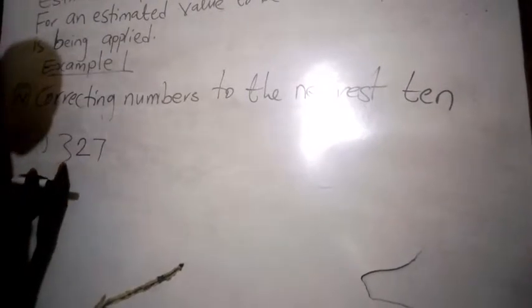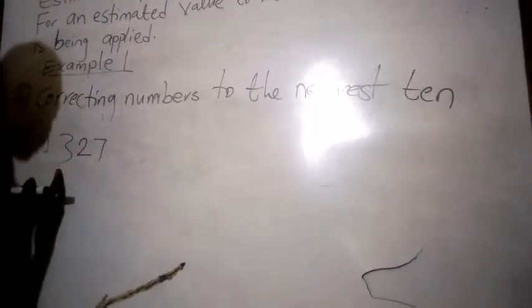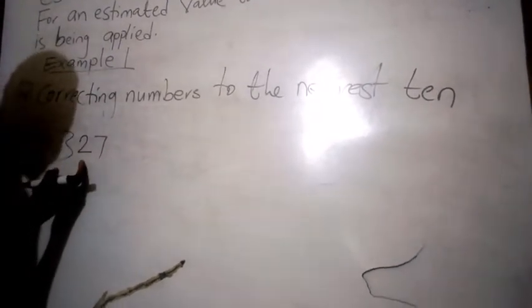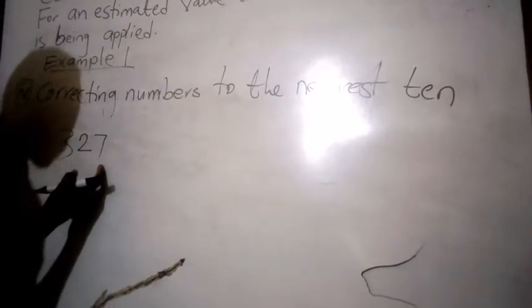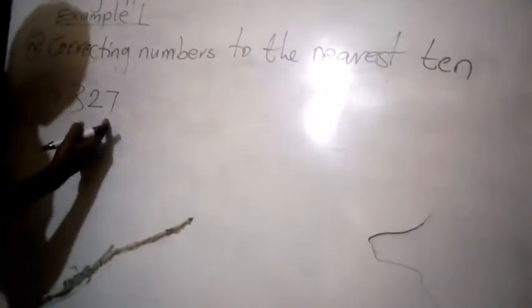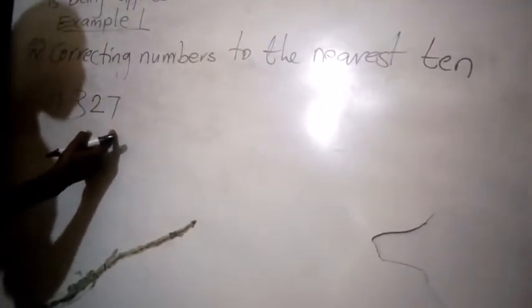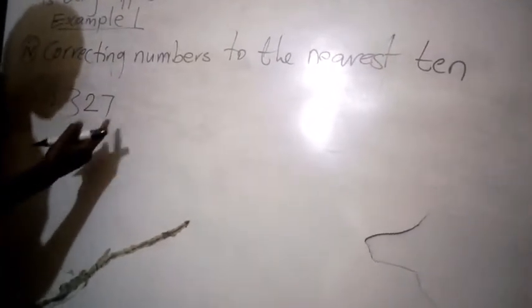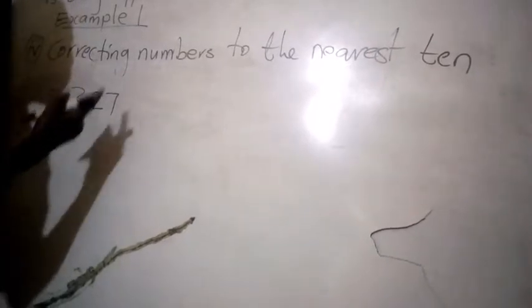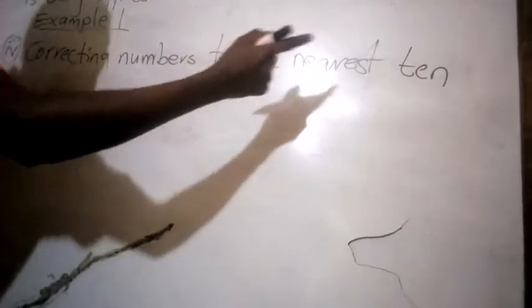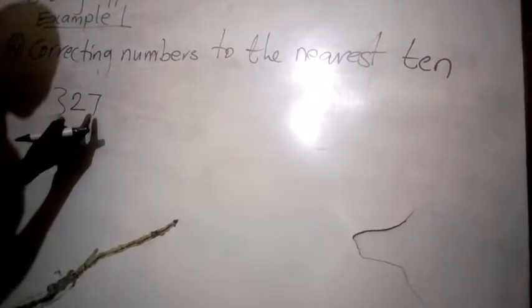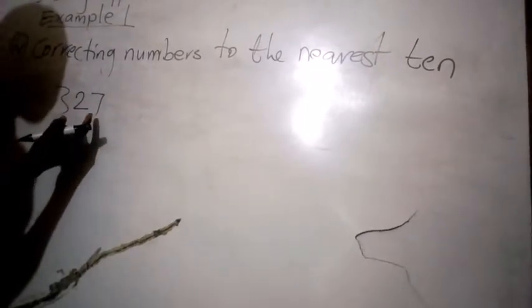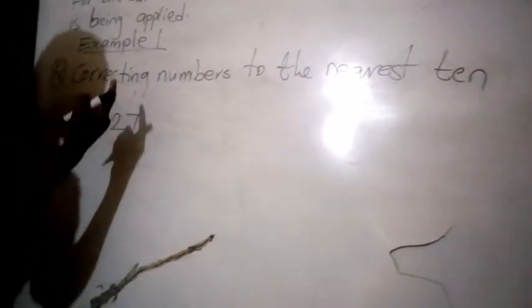Remember, this one is 300. This one is 20. This one is unit, 7 units. And you see, once it is half or more than half of 10, we term it 1. But in this case, we are to correct to the nearest 10. So instead of this one becoming 1, it's going to be 10.